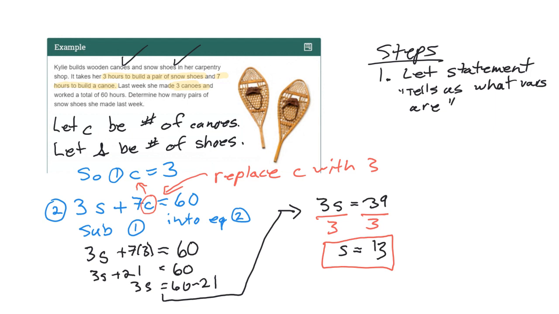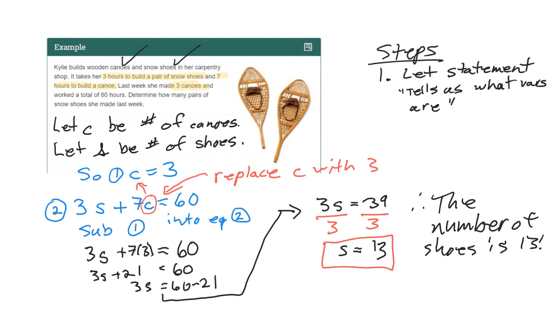And then we literally just say the number of shoes is 13. Now, the only thing I didn't talk about when we were doing these problems was we set up what our let statements were.